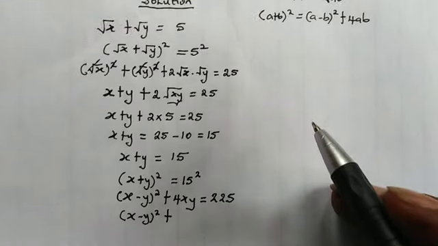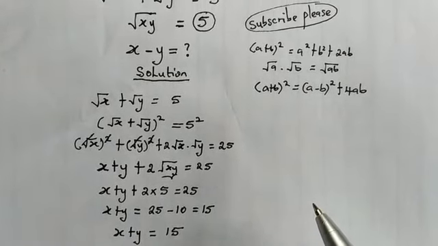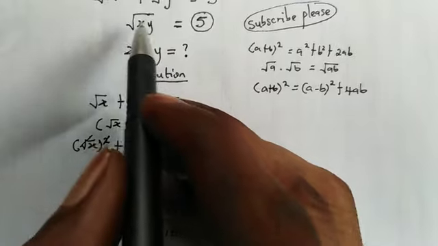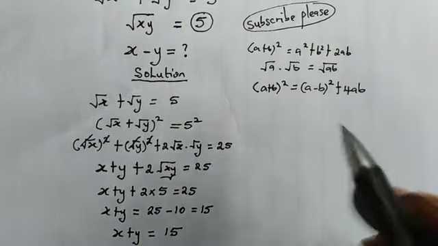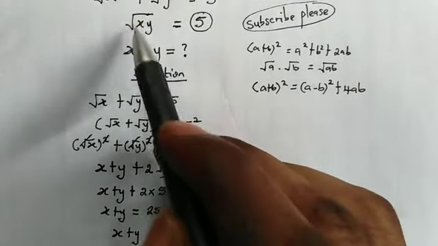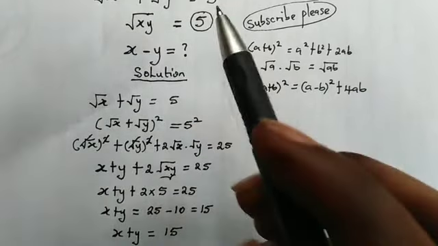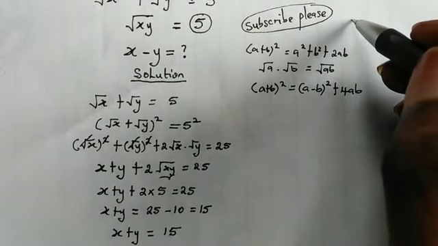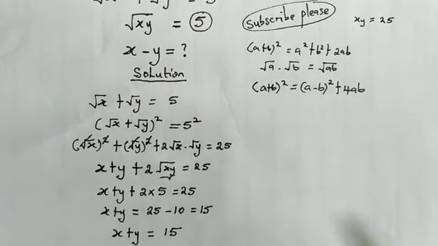But from the original problem, the square root of x times y is equal to 5, so we can square both sides to get the value for x times y. If you square both sides, the square root and the square cancel out, and we just have xy, which is 5 squared, which is 25. Let us put it down somewhere here that x times y is equal to 25.